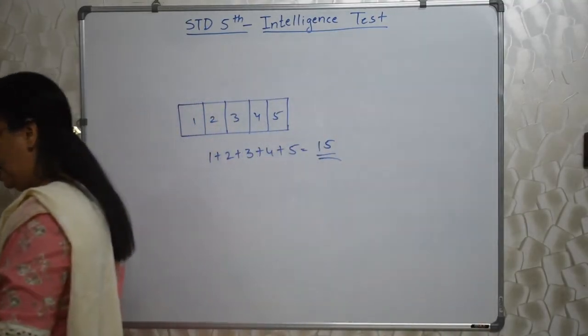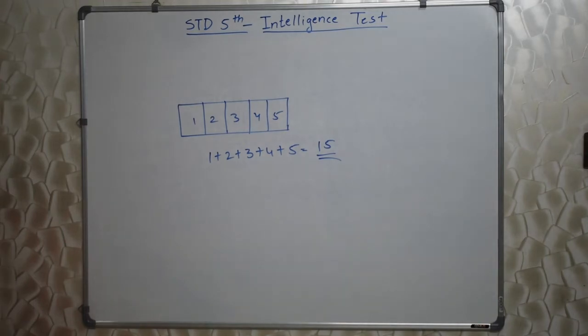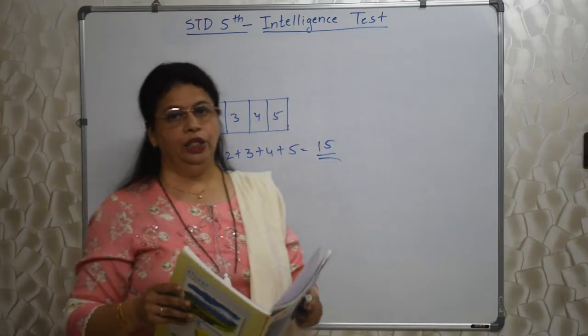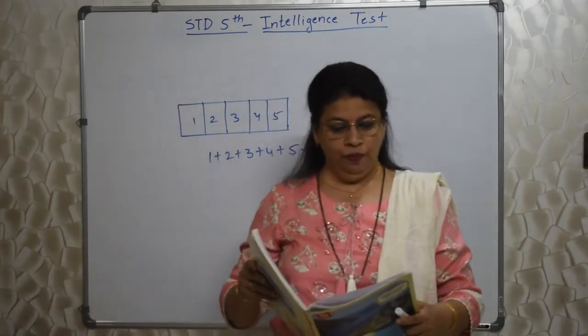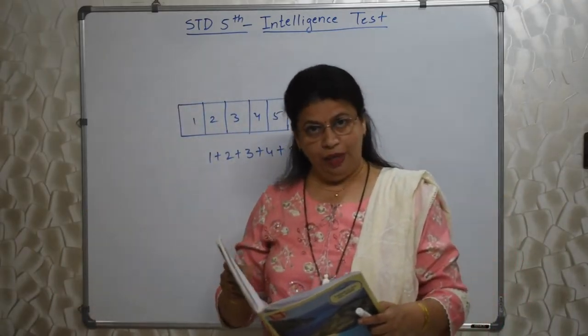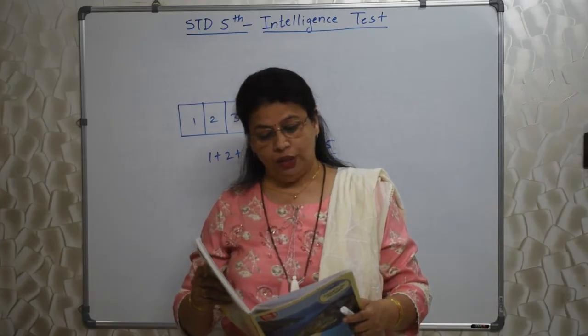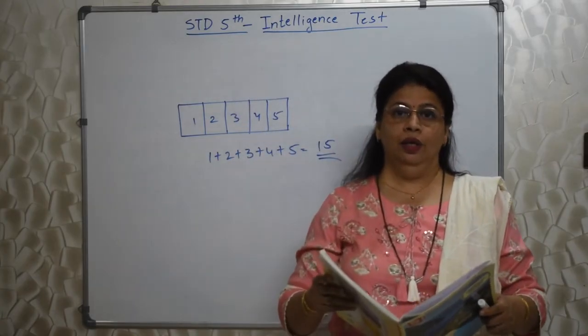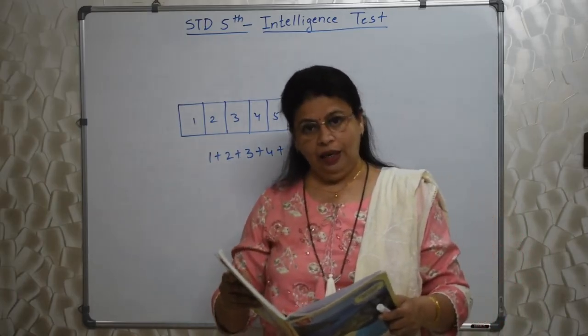Next one is analogy. In an analogy, they will give you a relation of 2 and you need to find out the relation of the third one and fourth one. Here sounds of animal, dwellings, young ones, opposites, pairs like cup, saucer, needle, thread, something like that.